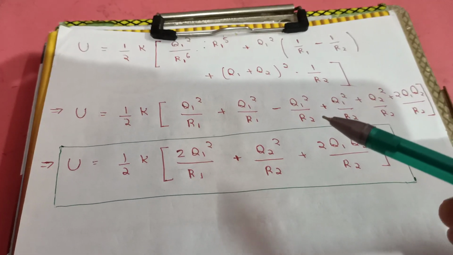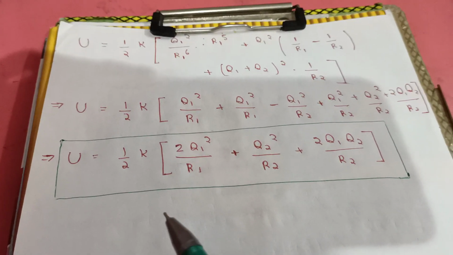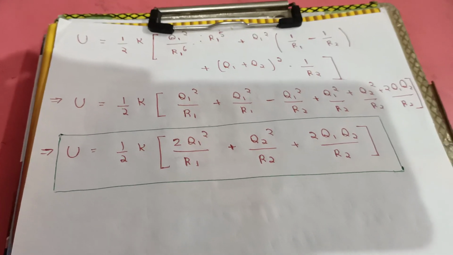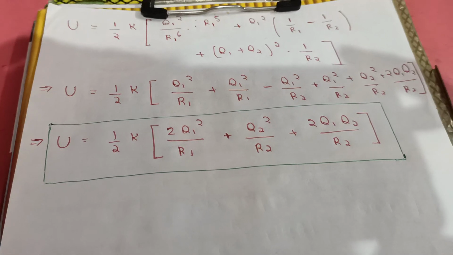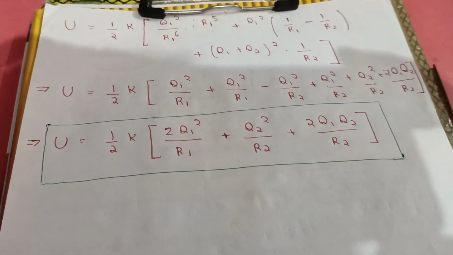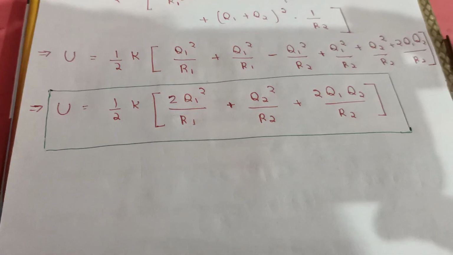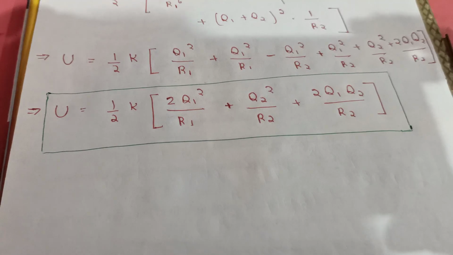Then we will do the proper calculation and we will get the final result as capital U equal to 1 upon 2 k bracket 2 q1 square upon r1 plus q2 square upon r2 plus 2 q1 q2 upon r2. So this will be the final formula for the space charge region which we have considered.